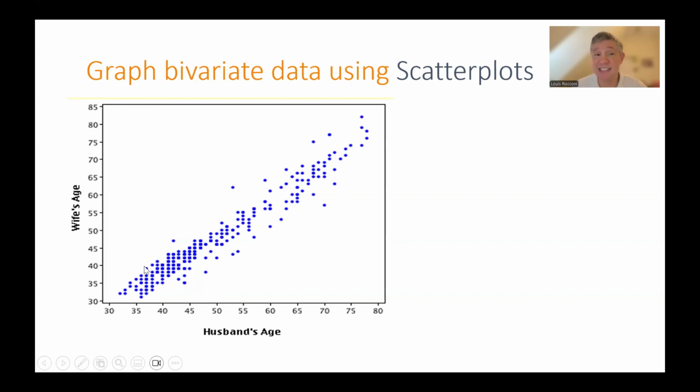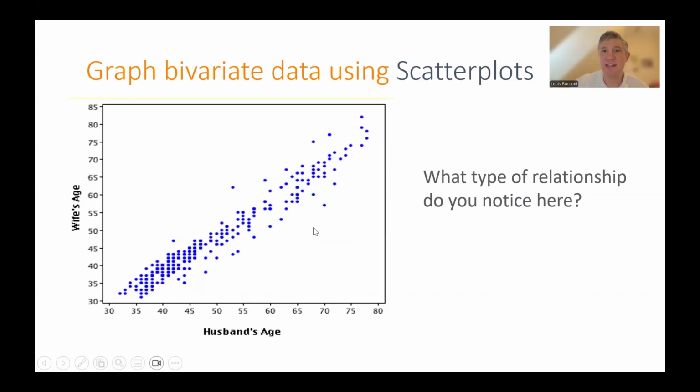As husband's age increases, wife's age also tends to increase. You can see that coming along here. What kind of relationship do you notice here? This would be a positive relationship, because as husband's age increases, wife's age increases.